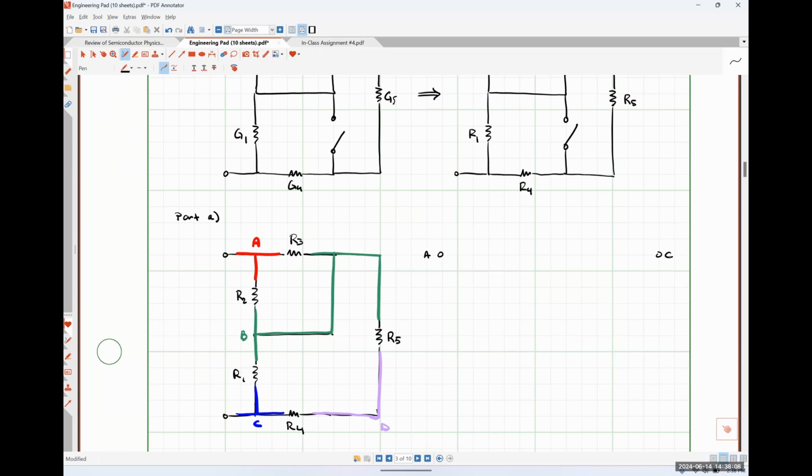To go from A to C, I hopefully very obviously have to go through node B. So let's throw node B smack here in the middle.